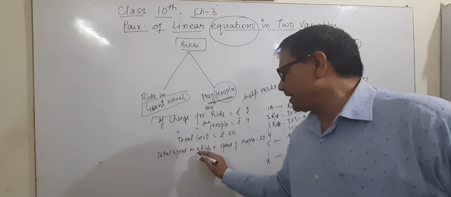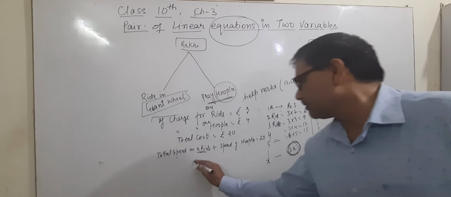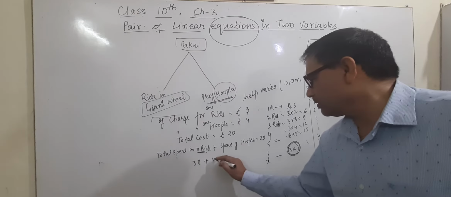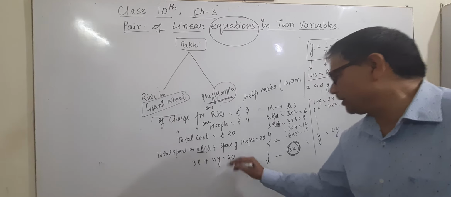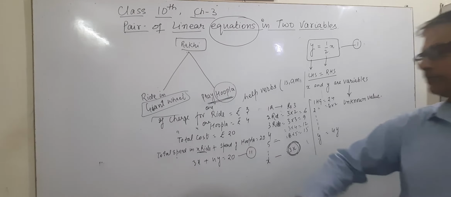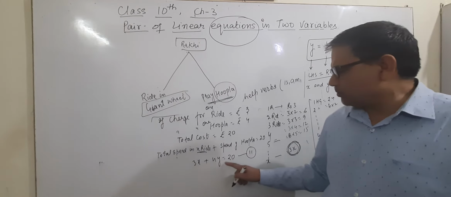How much is spent on x rides? In one ride rupees 3, for x rides you said 3x, plus 4y, and the total cost is 20. And this is your equation number 2: 3x plus 4y is equal to 20.